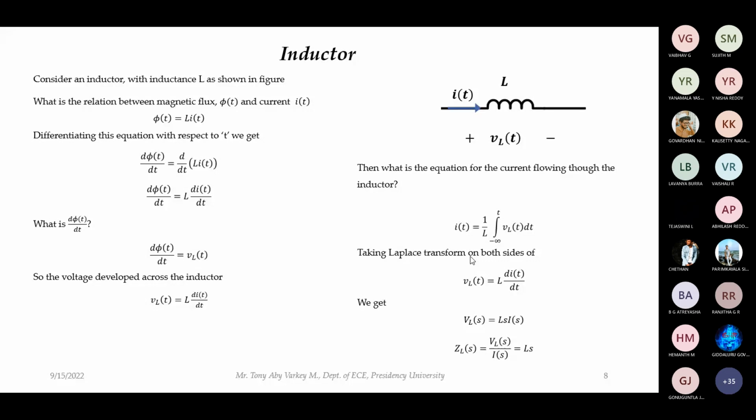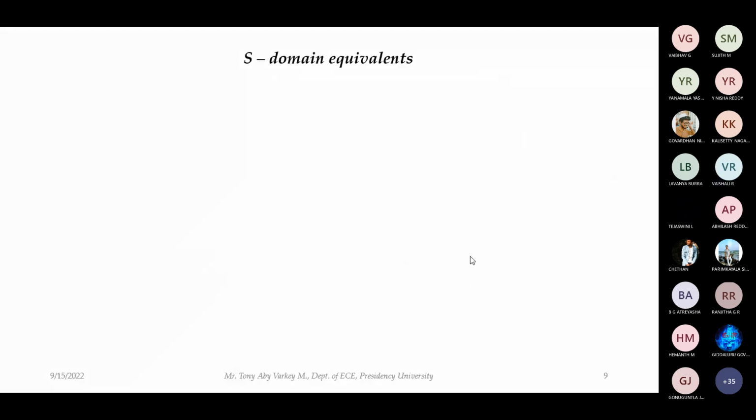Similarly, a capacitor acts as an open circuit for DC voltage. You might have studied this in your network theory, I think. So this is clear, right? Any doubts? No, sir.